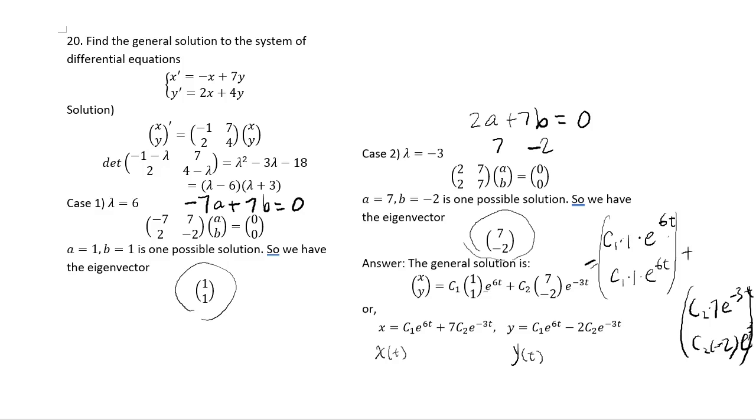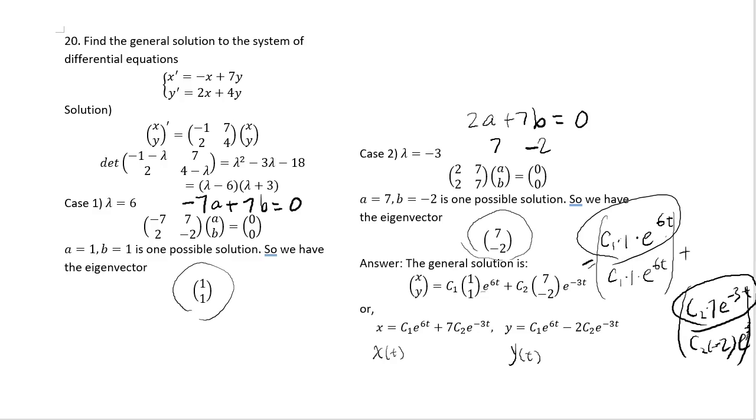I don't have room here, but you know what I mean, right? So when you add these two, you get the first top element as this plus this, and therefore you get x as this, okay? And you can do the same thing for y, so you get this as your answer.